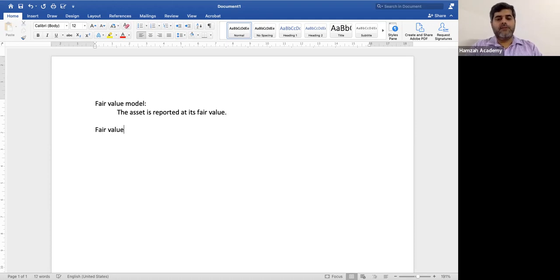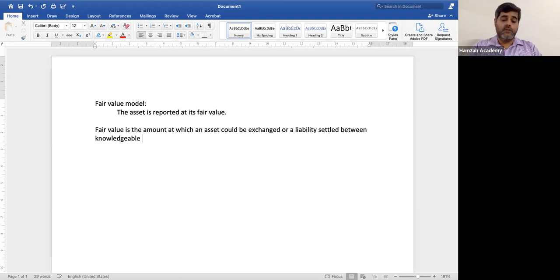And fair value is the amount at which an asset could be exchanged or a liability settled between knowledgeable, willing parties in an arm's length transaction.